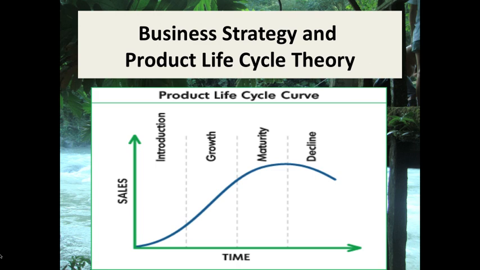And in the growth and maturity phase, you're going to focus more on brand name awareness, brand name equity, of course, further differentiating your product from all the other competitors who've entered the market since the introduction phase. So as we go through the product life cycle, we're going to tweak and change our strategy.